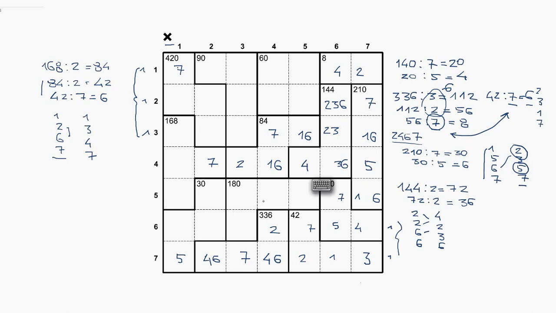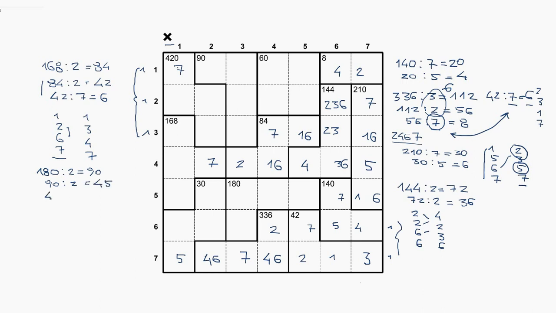What happened with number 180? Let's see what we can do here. It can be divided by 2. The result is this one. And 90 divided by 2 is a 45.